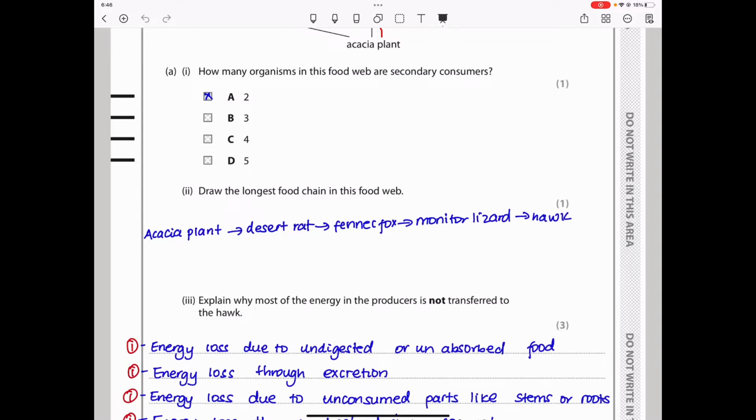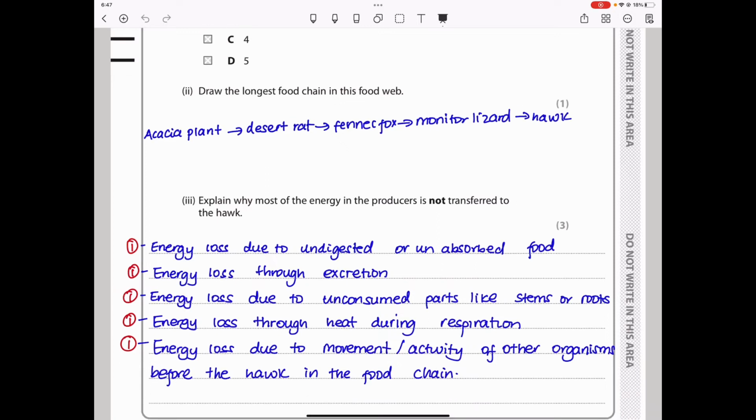Things like roots may not be eaten by the desert rat, or the bones of the desert rat may not be eaten by the fennec fox. You could say the bones as well as the hair. So many things are going to occur due to energy losses. There is another thing in other energy losses, like in excretion, as well as maybe in energy when respiration takes place. All those things are going to cause losses.